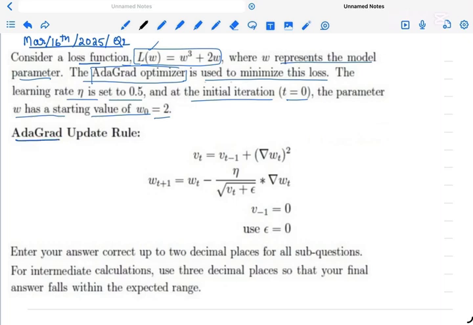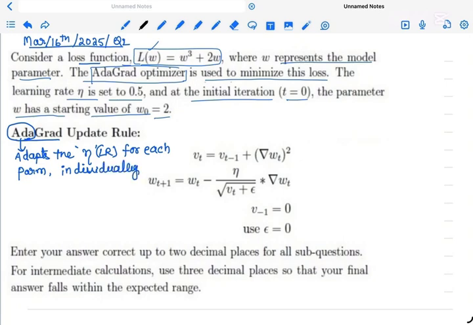So what is an Adagrad optimizer? It adapts the learning rate eta for each parameter individually using past gradients.